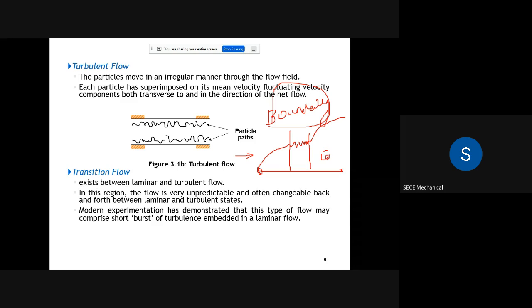Over the surface the zone is turbulent, but below it a laminar sublayer is created. ஒரு turbulent layer குள்ள ஒரு laminar layer create ஆகும். So these are the things that happen in flow over a flat plate normally.